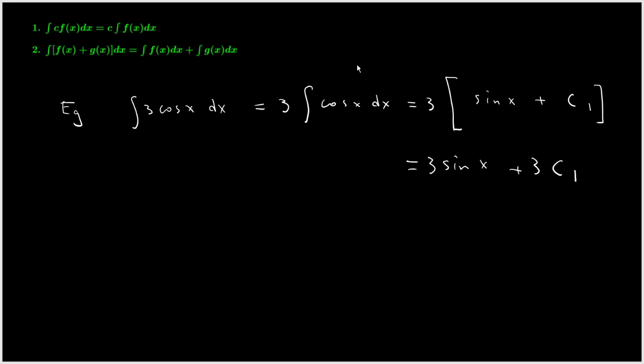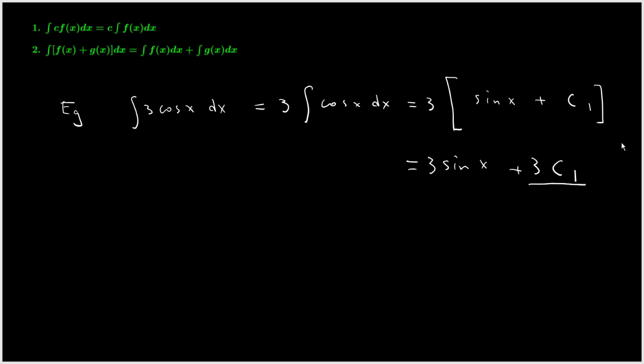The following is kind of so important. Imagine if c1 denotes an arbitrary constant, then 3c1 is also an arbitrary constant. If you let c1 run through all the real numbers, then 3c1 also runs through all the real numbers. So 3c1 can be replaced with c.